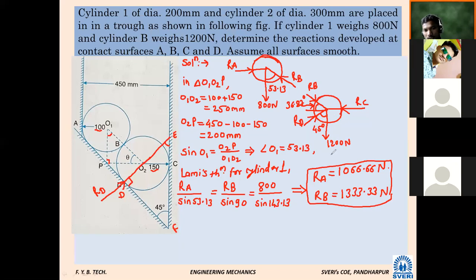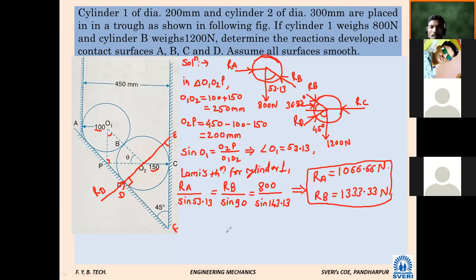So are all the angles known in this second free body diagram? Yes. Okay. So what do we have to apply now? Summation Fx equal to 0, summation Fy, or Lami's theorem? Summation Fy equal to 0.